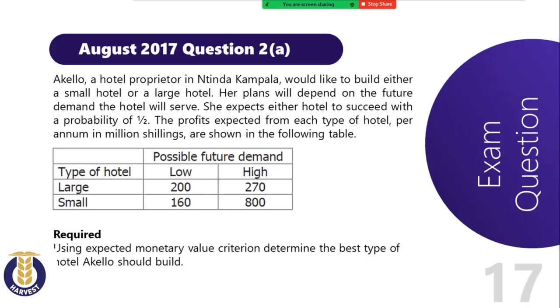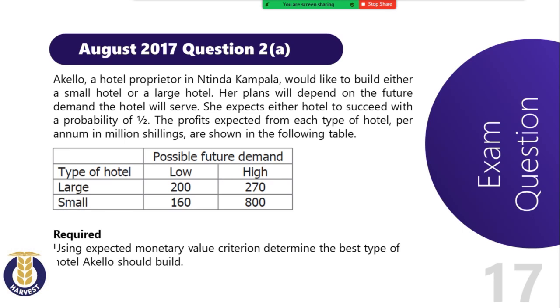To support the foregoing discussion, I'm going to use August 2017, question 2 part A. We have Akelo, a business lady. She's a hotel proprietor in Ntinda, Kampala, and she's planning to build either a small hotel or a large hotel.